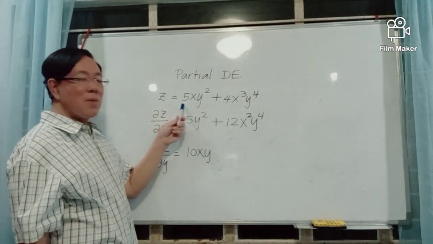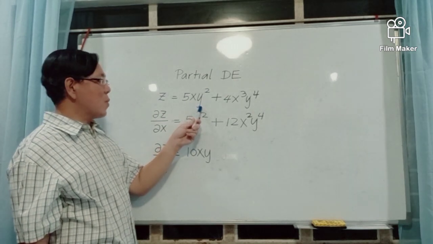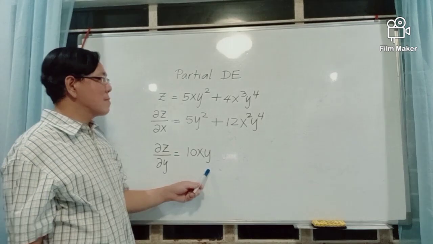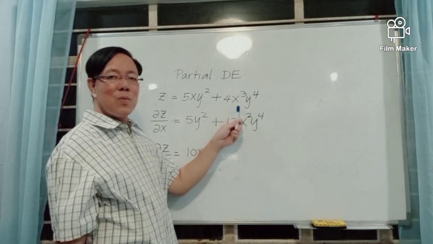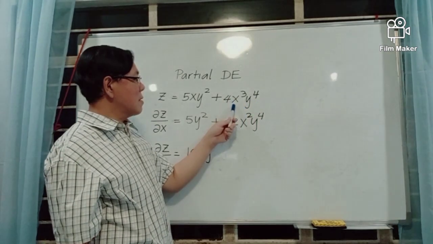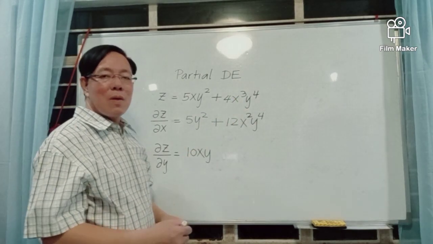The derivative of 5xy squared with respect to y is 10xy, plus the derivative of 4x cubed y raised to 4 with respect to y, considering x cubed as a constant.